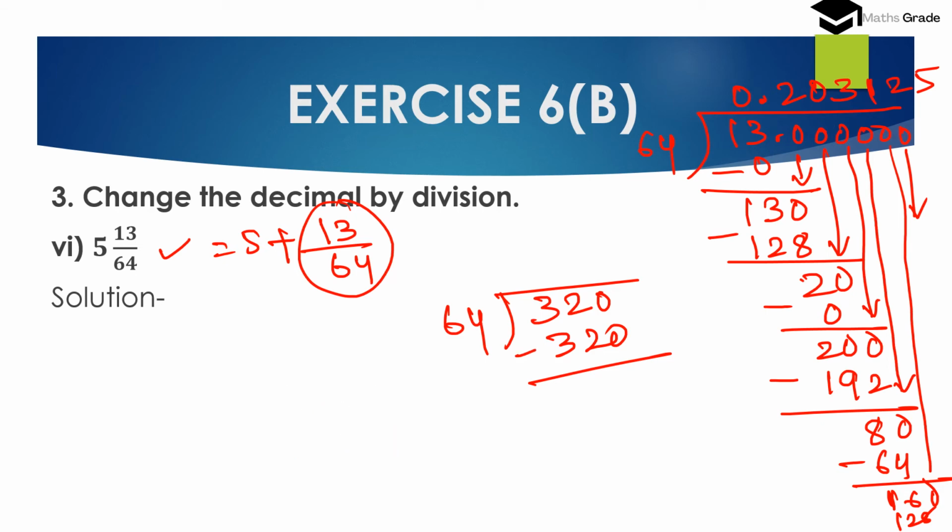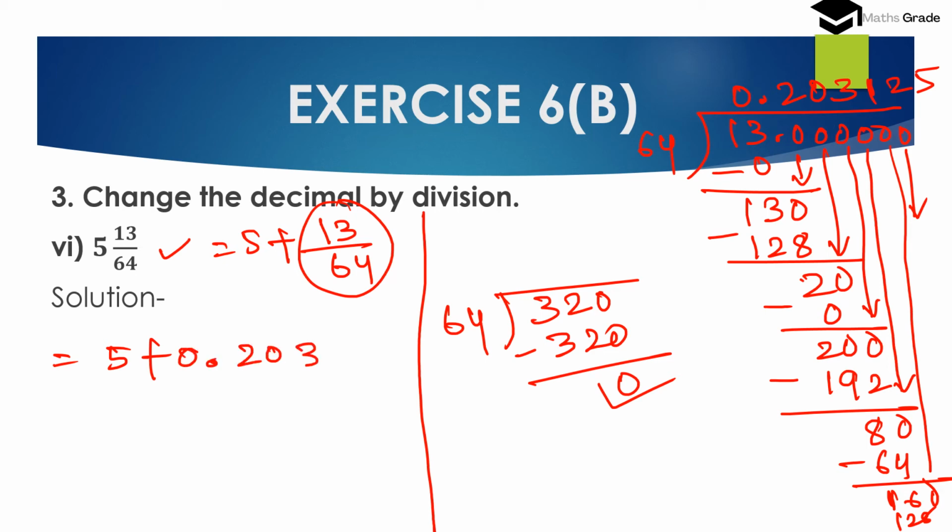Now 320 minus 320 is 0. So the decimal is 0.203125. Now 5 plus 13 divided by 64 is 5 plus 0.203125, which is 5.203125.